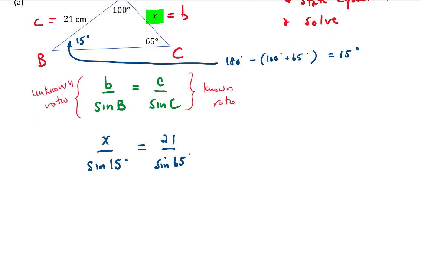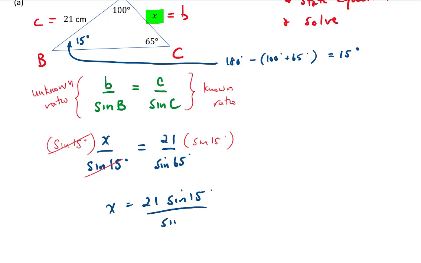Next we need to get x by itself. Right now it says x divided by sine 15, so our opposite operation is to multiply both sides by sine of 15. The sine 15s cancel each other out and become 1. What I'm left with is x equals 21 sine 15 over sine of 65.